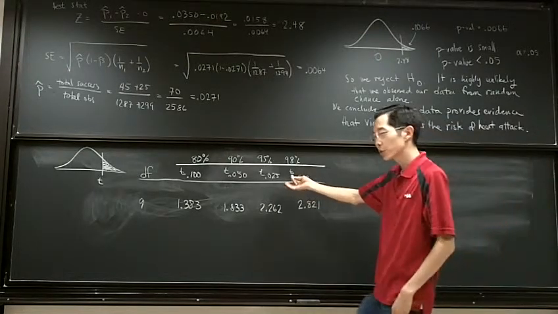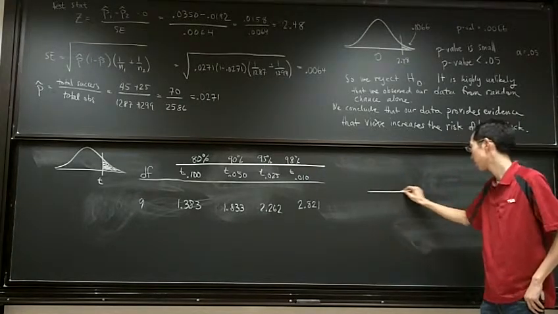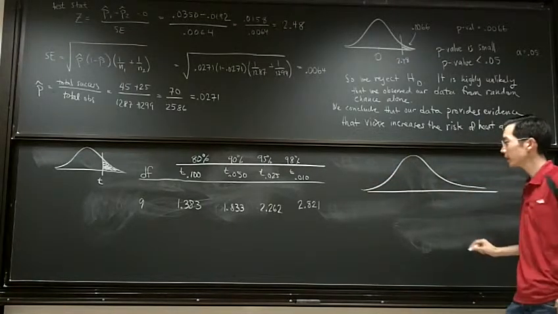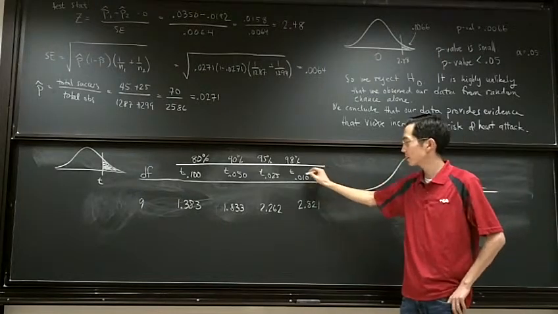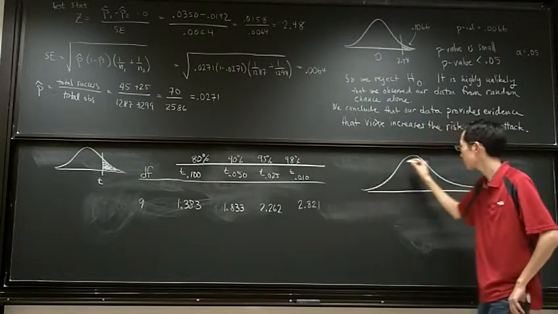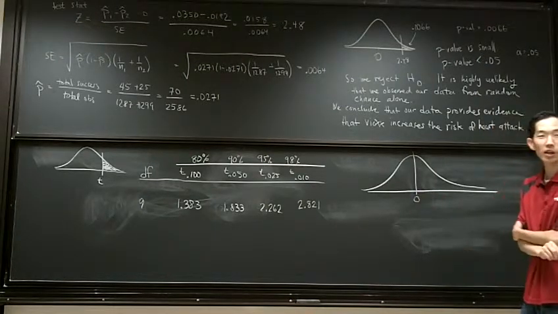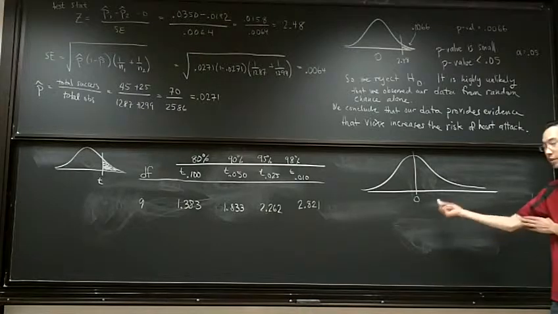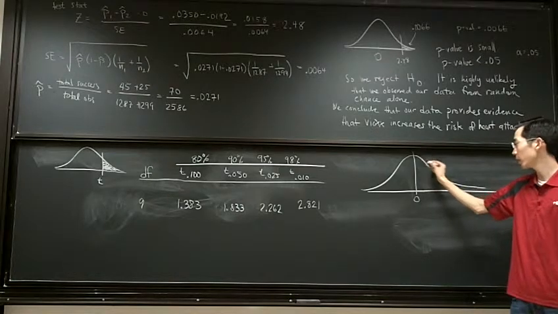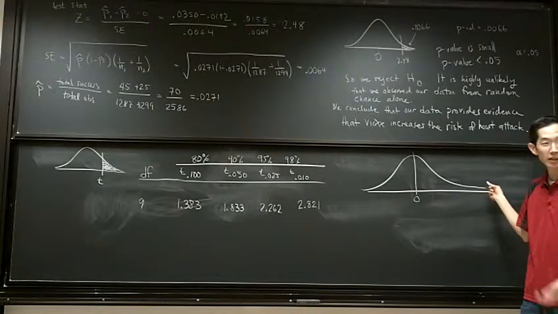The T distribution works differently from the Z distribution. Basically, we're going to look at this row that has t.10, t.05, t.025, t.01. The T distribution looks a lot like the normal distribution. It's centered at 0. If I shade everything to the right of 0, how much have I shaded? 50%, 0.5.